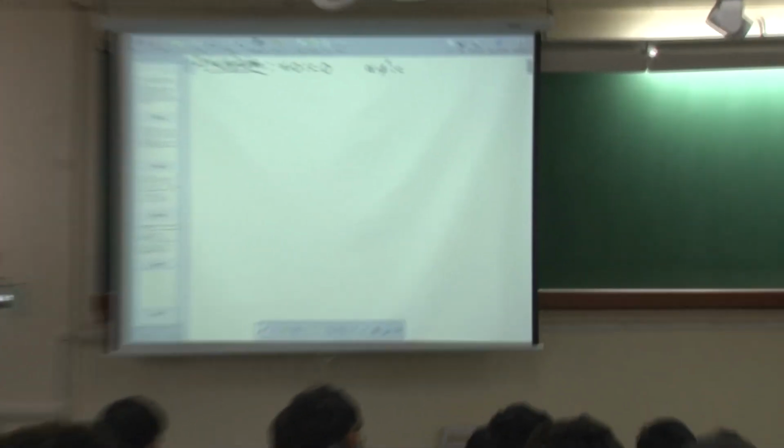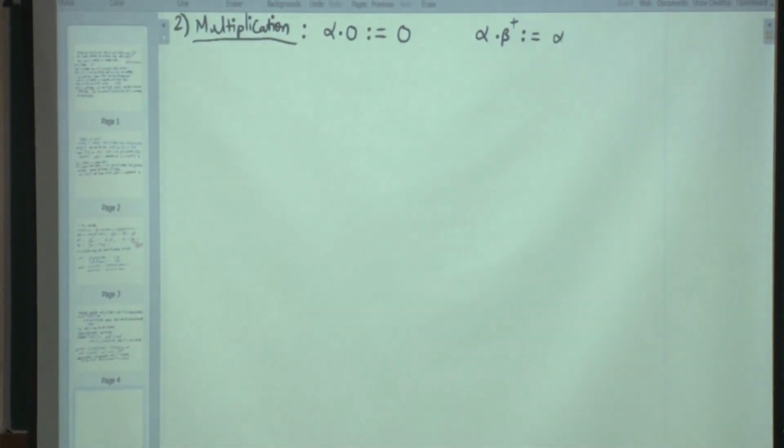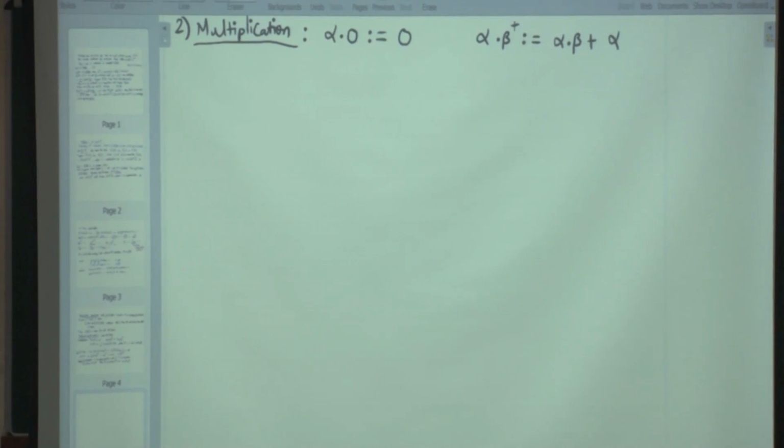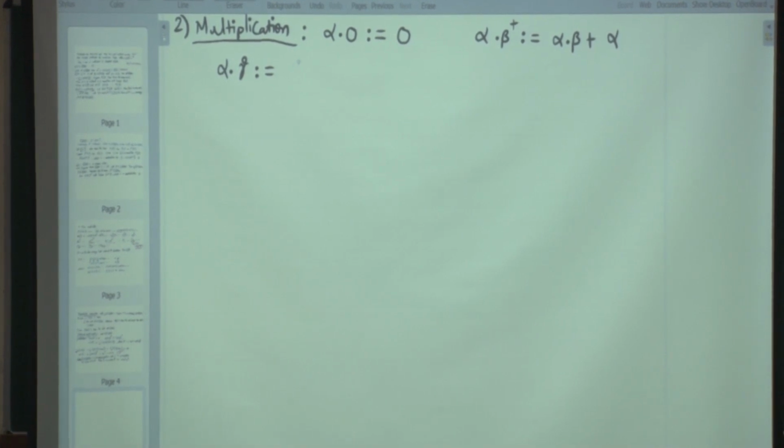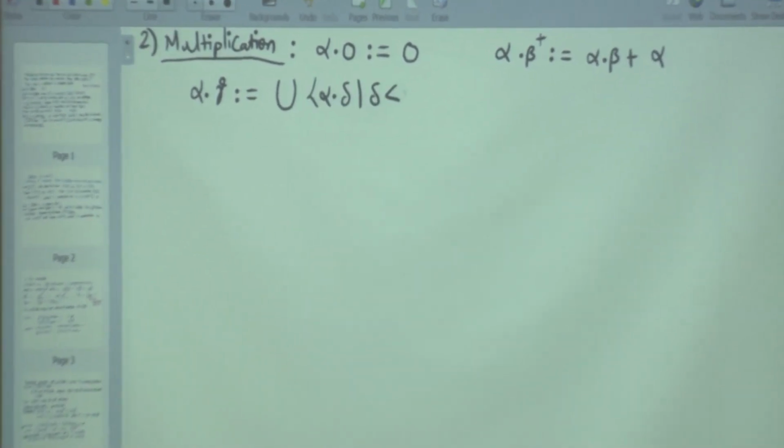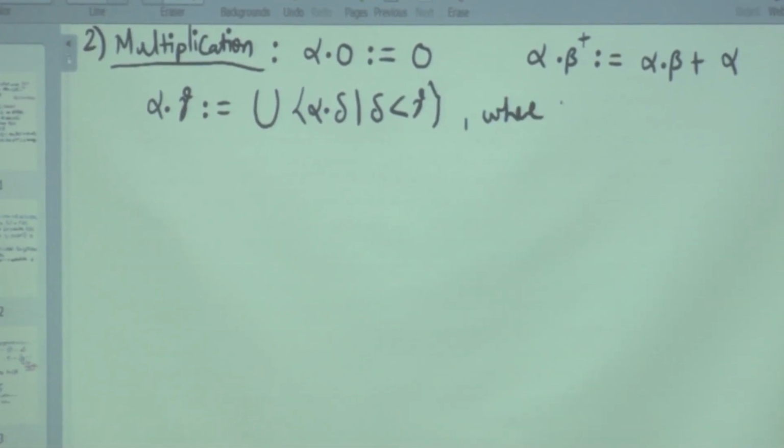Okay, so this is addition. Let's make things more exciting and define multiplication. Well, now you know the pattern, it's not going to be very exciting. So alpha dot 0, what will it be? 0, yes. Then alpha dot beta plus will be alpha dot beta plus alpha. Very good. And alpha dot gamma, no surprise, is the union of alpha dot delta, where delta is less than gamma, where gamma is a limit ordinal.